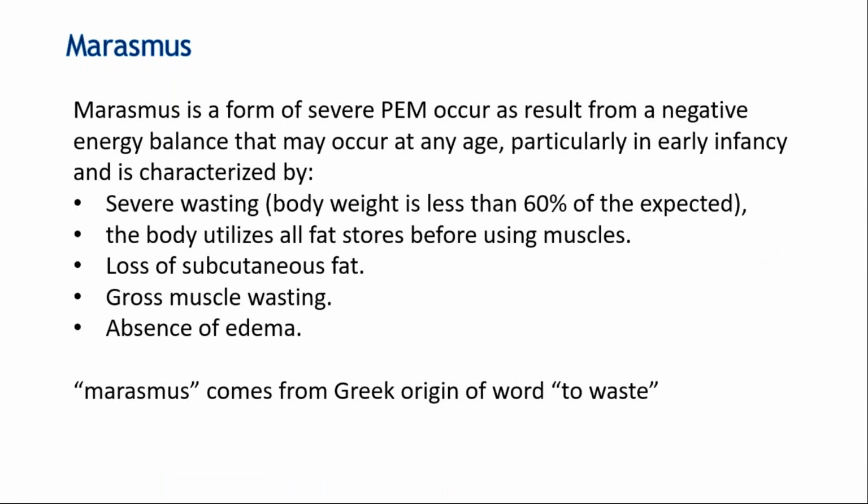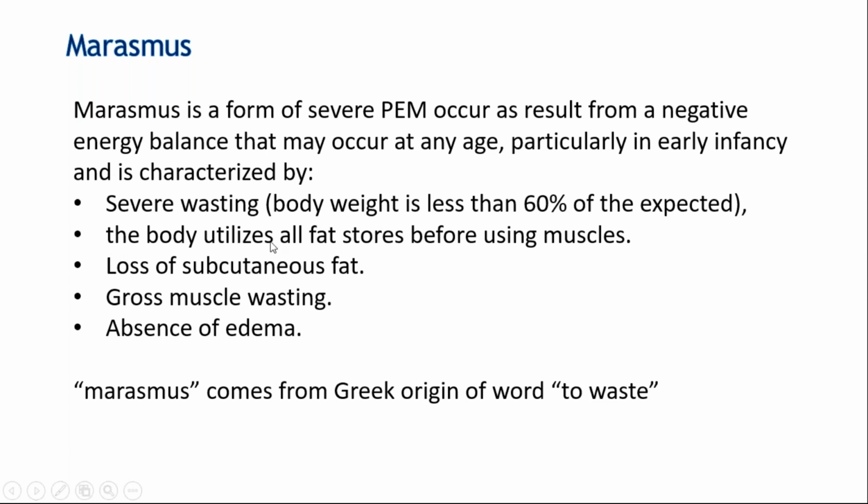Marasmus, on the other hand, is a more severe form of protein energy malnutrition, and this results mainly from negative energy balance. That is because they are not getting enough energy from the macronutrients, mainly due to starvation. You see severe wasting of the body because they don't get enough energy, so the protein is being used as energy.